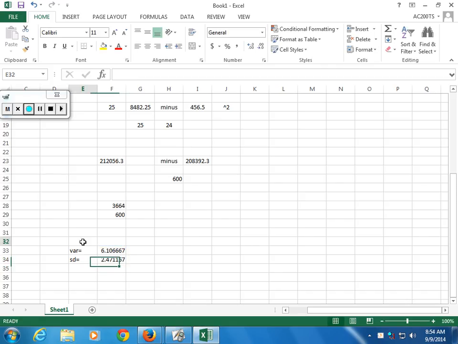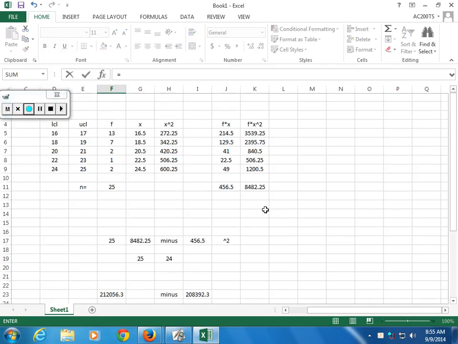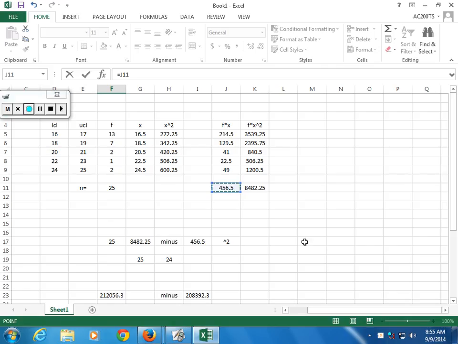And we got to get our mean. Our mean is going to be equal to, move up, the summation of f times x divided by what?